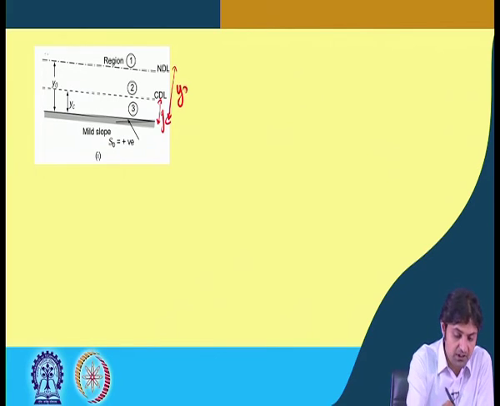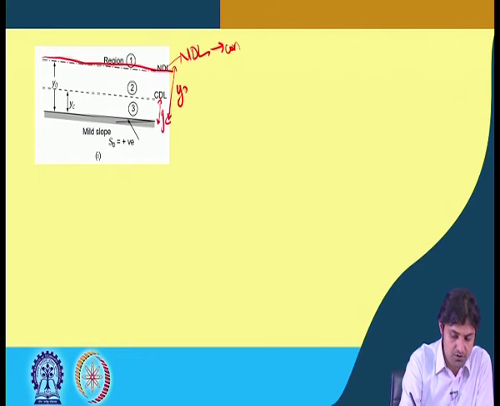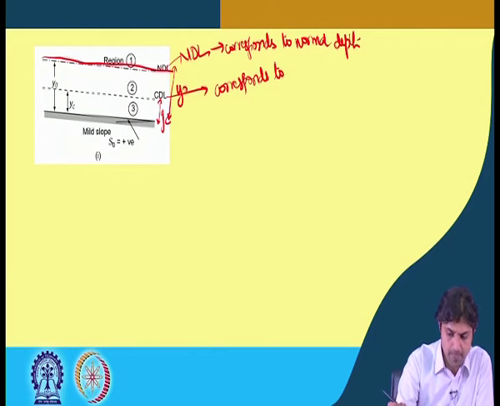This line is the NDL, which corresponds to normal depth, and the CDL corresponds to critical depth.